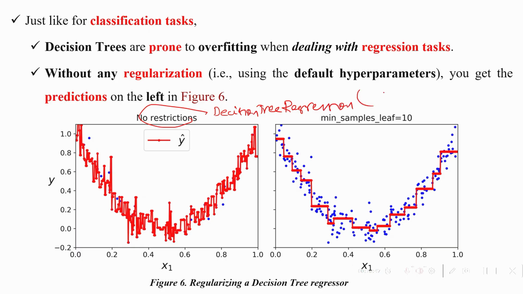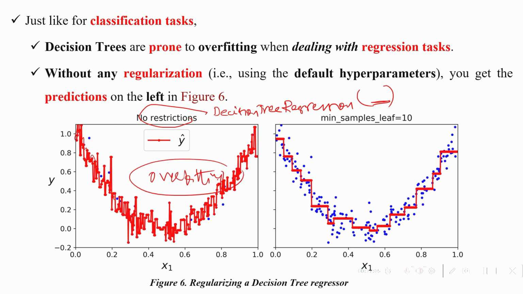There are two cases: without hyperparameter changes and with hyperparameter changes. Without hyperparameter changes, every point becomes its own separate value. This is called overfitting, shown on the left-hand side.